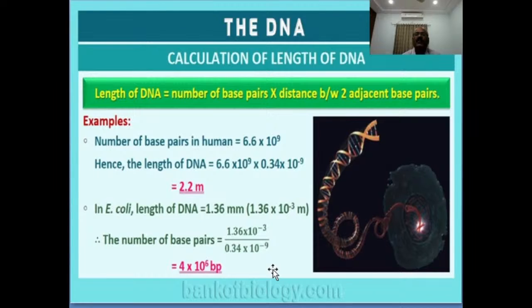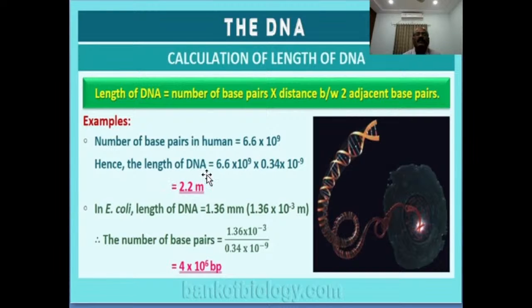Calculation of length of DNA. So length of DNA is number of base pairs into distance between 2 adjacent base pairs. Example, number of base pairs in human beings is 6.6 into 10 to the power of 9.